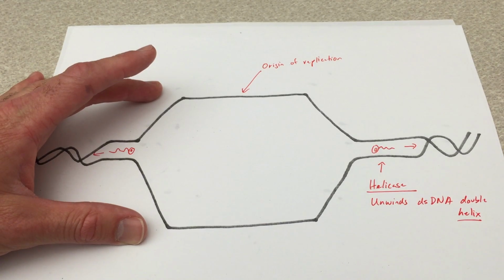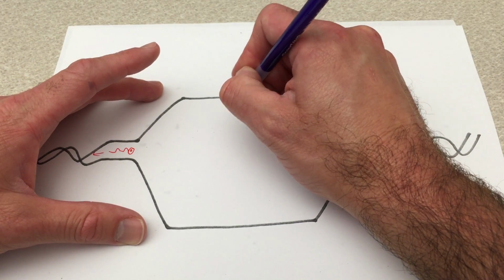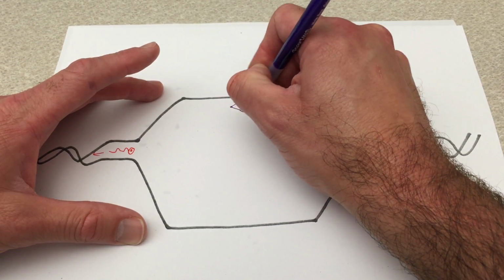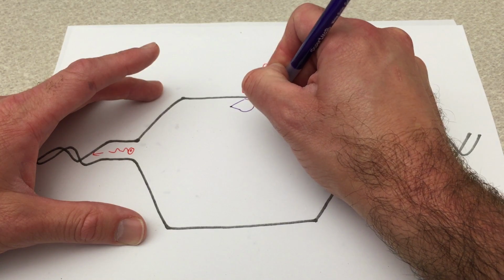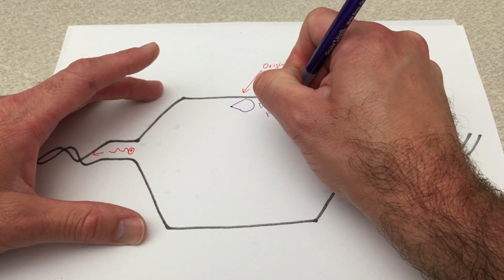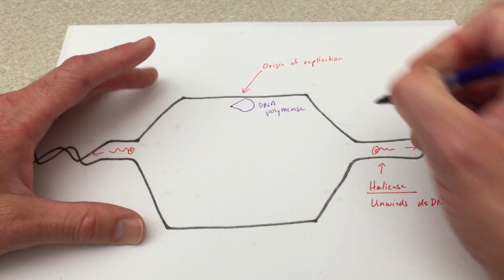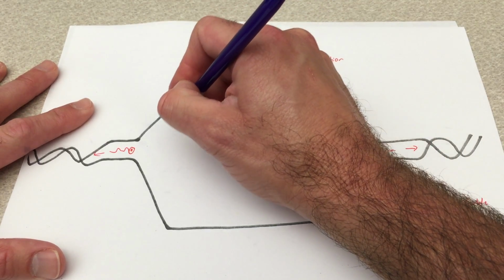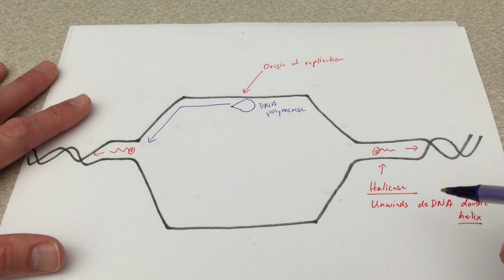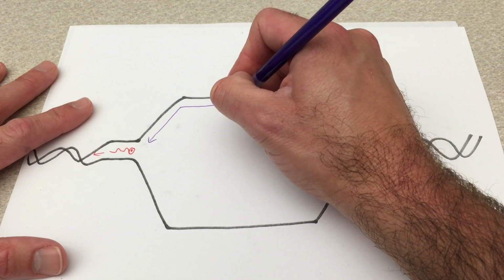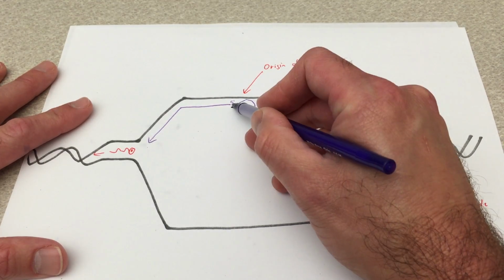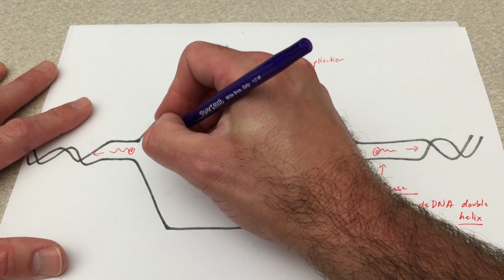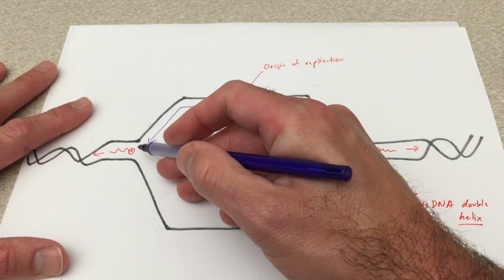So a second enzyme comes in called DNA polymerase, which is going to lay down new DNA in the 5', so this is the 5' end of this new strand, into the 3' end. All right?